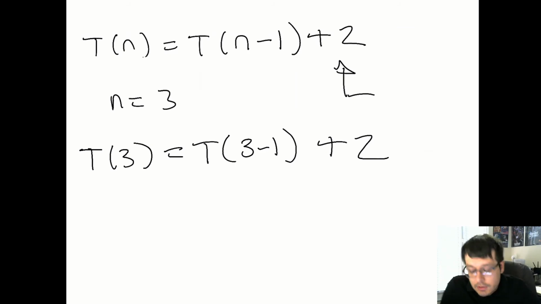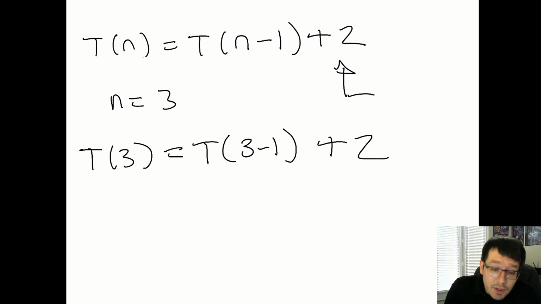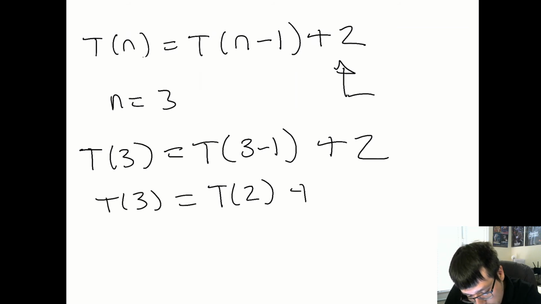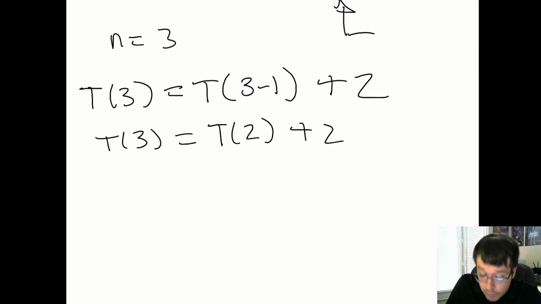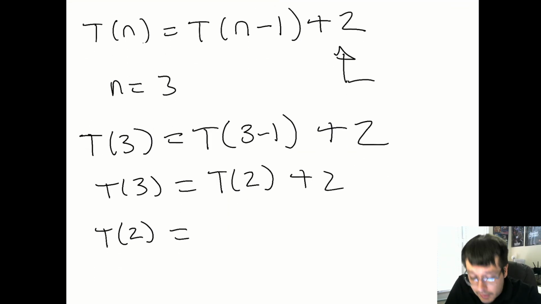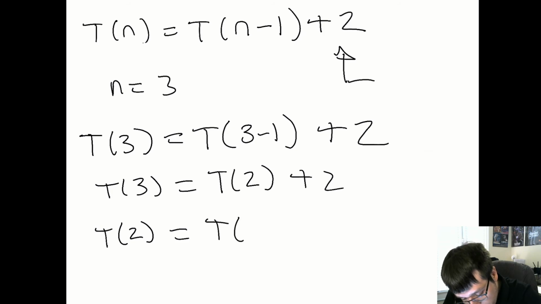Okay? So the next question you ask is, great, awesome. How long does it take to run a program with step 2, though? If you want to figure that out, you apply the same formula we had above, which says that it is equal to T(2-1) plus another 2.